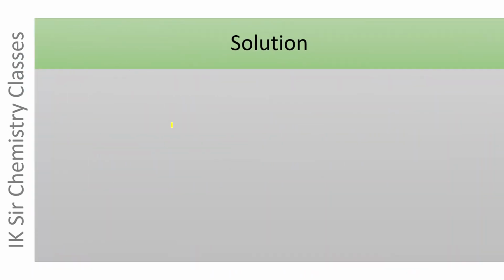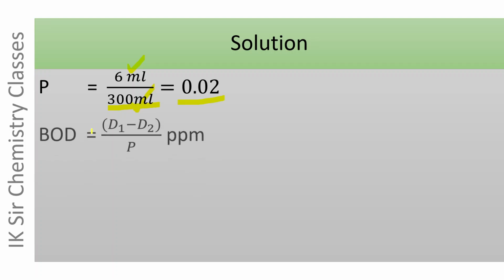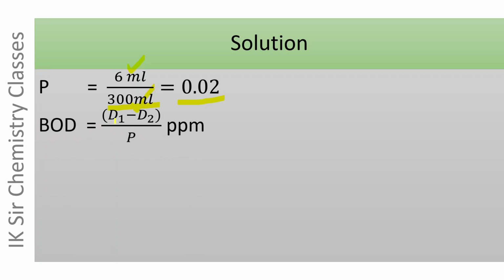And here is the solution. Here P is equal to 6 ml volume of the water sample divided by 300 ml volume of the diluted water sample, and on solving it we have P is equal to 0.02. BOD is equal to D1 minus D2 by P ppm.